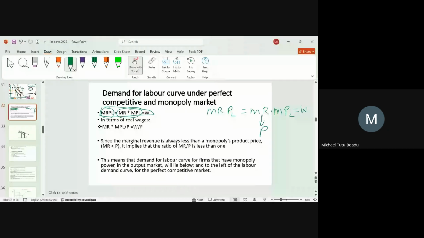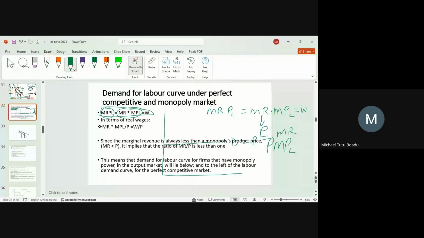So if price is used instead of marginal revenue, or vice versa, don't be confused. It is the same thing. Either I say P times marginal product of labor, or I say marginal revenue times marginal product of labor, because for a perfect competitive firm, demand is the same as price, which is the same as marginal revenue.